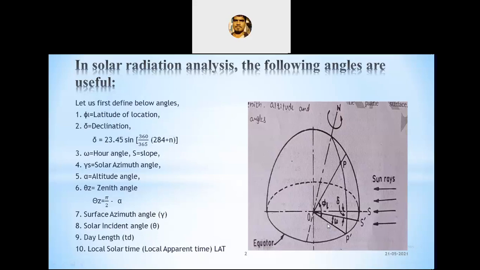Let us know some of the simple geometries. First is latitude of location, phi L, and declination, delta. Next, hour angle, slope, solar azimuth angle, altitude angle, zenith angle, surface azimuth angle, solar incident angle, day length, and local solar time. These are some important definitions we will go through, and based on this it is easy to find out the time.